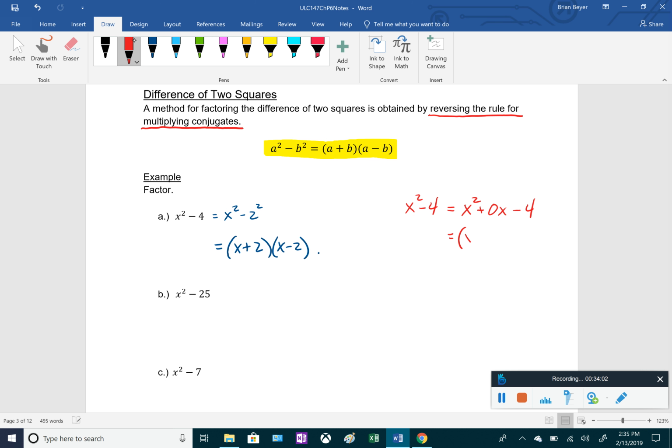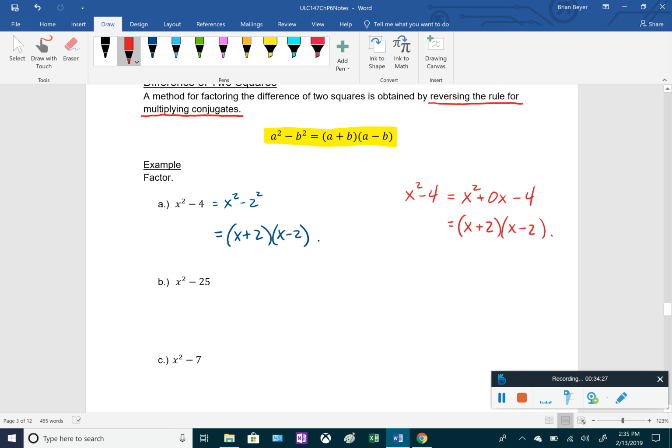It's going to be x plus or minus something times x plus or minus something. 2 numbers that multiply to negative 4 that add to 0 are negative 2 and positive 2. So it'd be x plus 2 times x minus 2, which would be exactly what we just got. So hopefully you don't have to think about it that way, but that's technically the same thing.